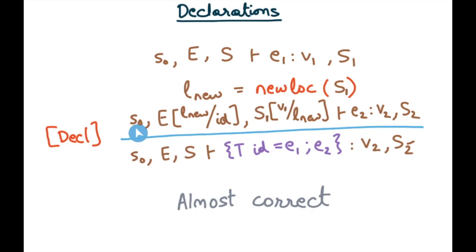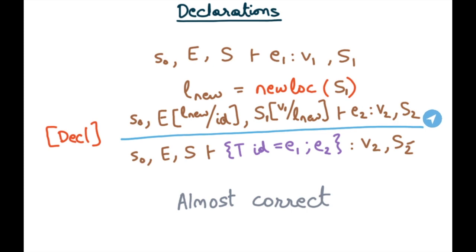Then you update the environment such that you map ID, the name of the identifier of the new variable, to this new location. You map the new location to v1 and update S1 using that. So environment E is updated with ID to LNU, and S1 is updated with LNU to v1. And if under this new context E2 evaluates to v2, s2, then the whole expression evaluates to v2, s2.